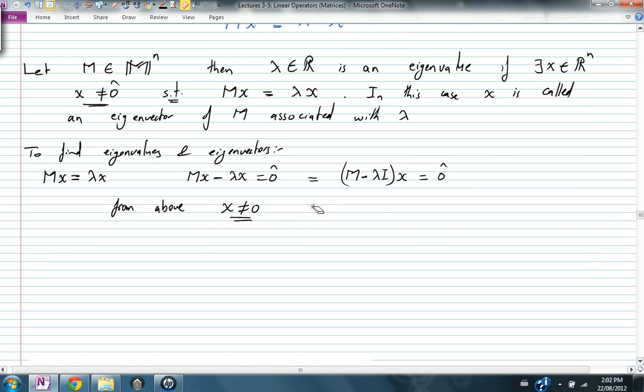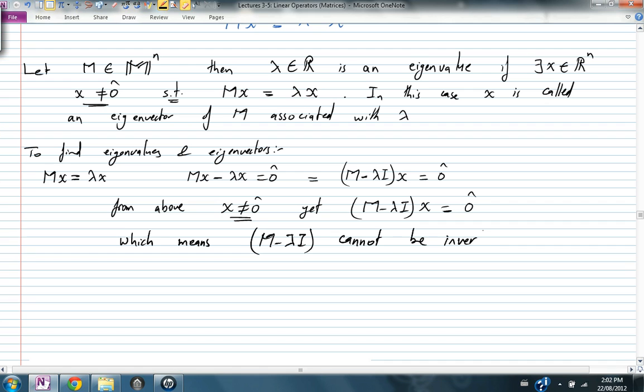Yet M minus lambda I, which is a matrix, multiplied by this vector is equal to the 0 vector, which means that this matrix cannot be inverted, which right away means that the determinant of M minus lambda I is equal to 0.